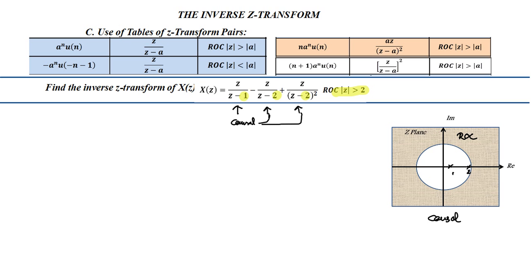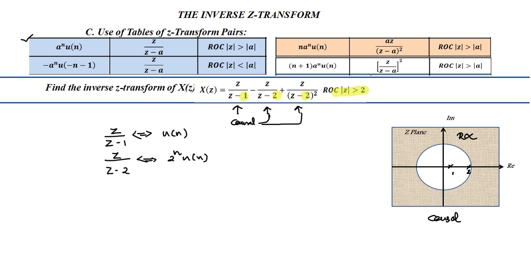So based on that, if you write z by z minus 1, based on this causal signal you can write simply u of n, and second one z by z minus 2, the inverse transform, you can write 2 raised to n into u of n.